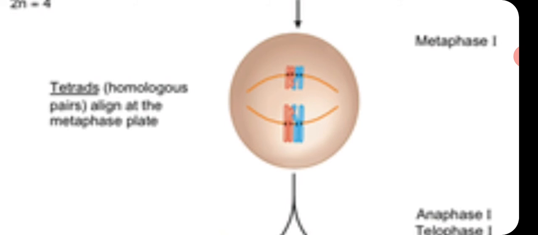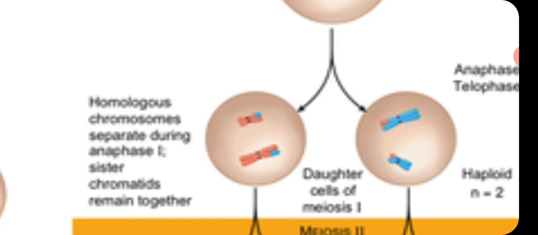What is happening here? Separation of homologous chromosomes during anaphase 1. So this is a big difference between meiosis and mitosis. By this, in meiosis, the chromosome number is halved by the end of meiosis 1. See here.